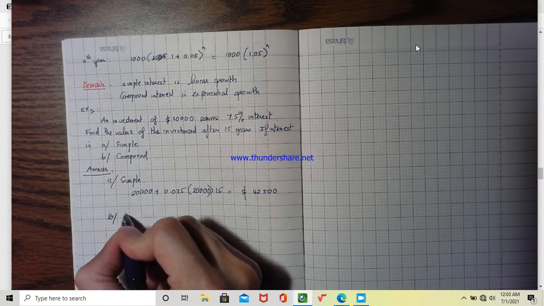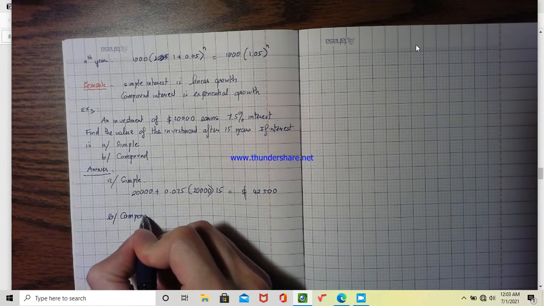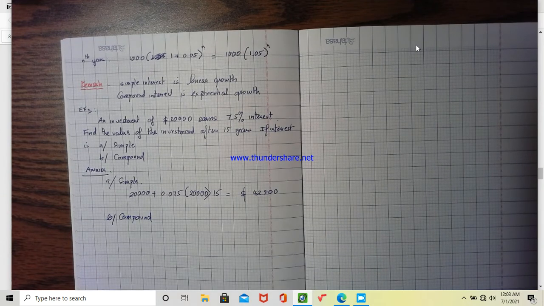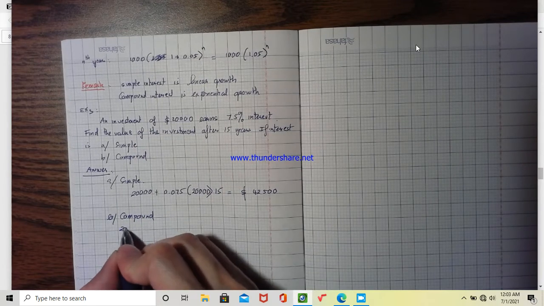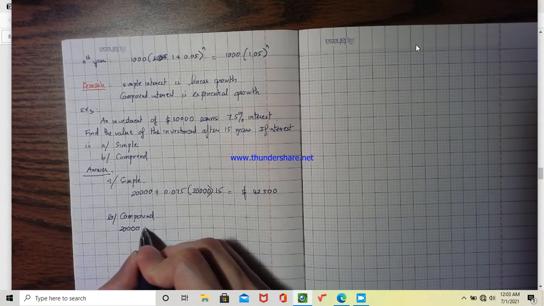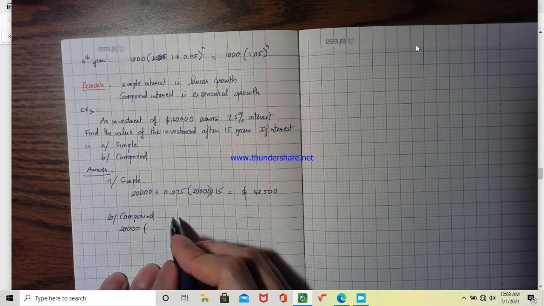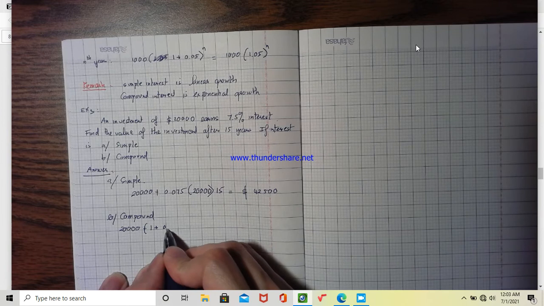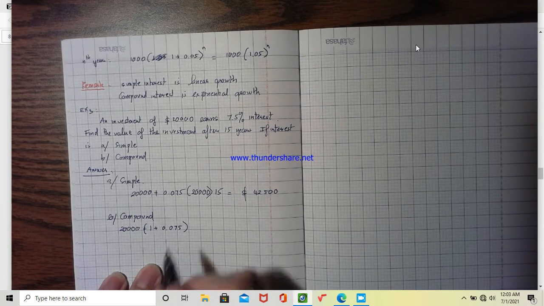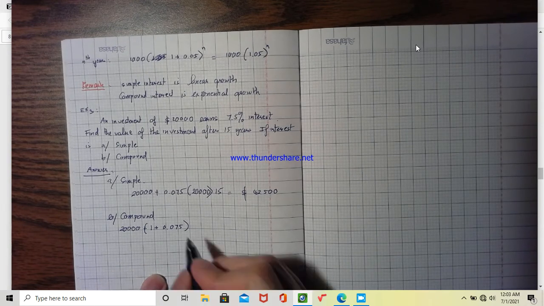But for compound, what happens? For compound, you're going to use this. You're going to have 20,000 multiplied by 1 plus, it's always 1, 0.075, everything raised to the 15.